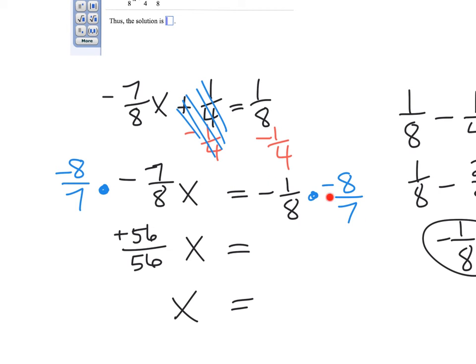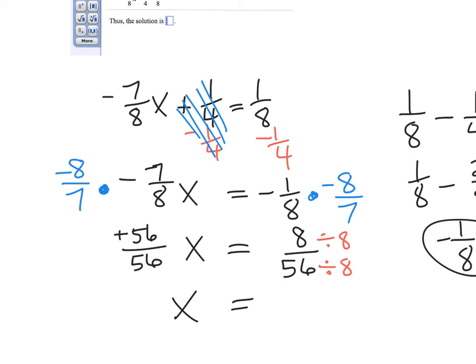Now the right side, negative 1 times negative 8 gives us positive 8. And then 8 times 7 gives us 56. But then 8/56ths can be simplified because both the numerator and the denominator can be divided by 8.